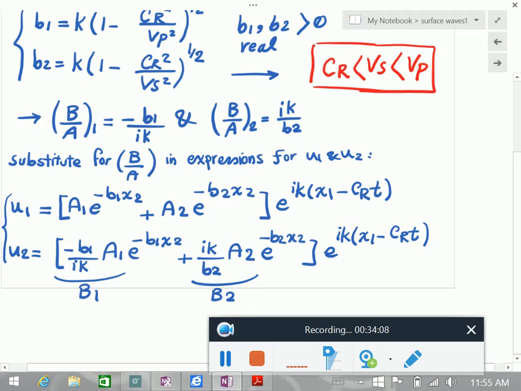Now, if you look at these two, what do you see? Okay, it's a hard thing to say, but this is not the right question. Is there anything in particular that you see in relation of U1 and U2? And to give a hint, what do these i's do here?